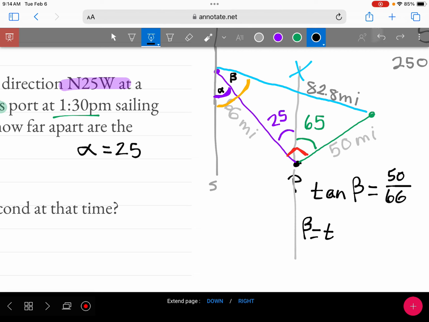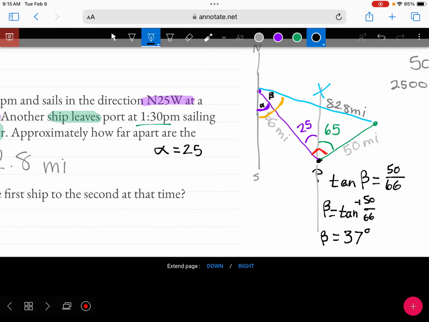Except I tried to write tangent and say inverse at the same time, so I put an I in it. Inverse tangent of the fraction 50 over 66. We're going to take the inverse of both sides. So what is the measure of beta? We're going to round to the nearest degree. 37 degrees.